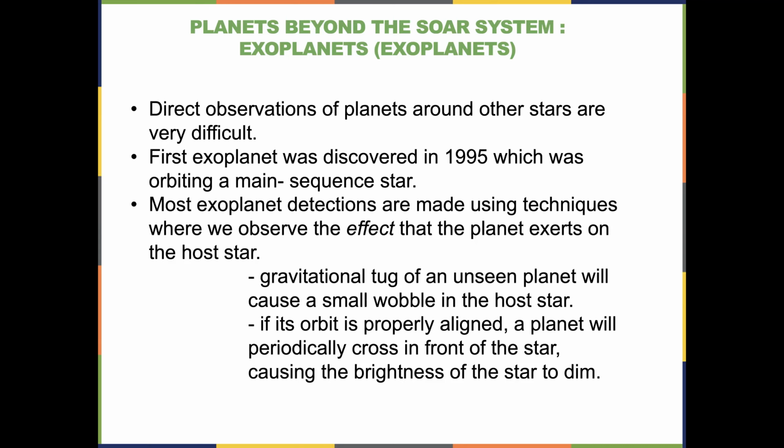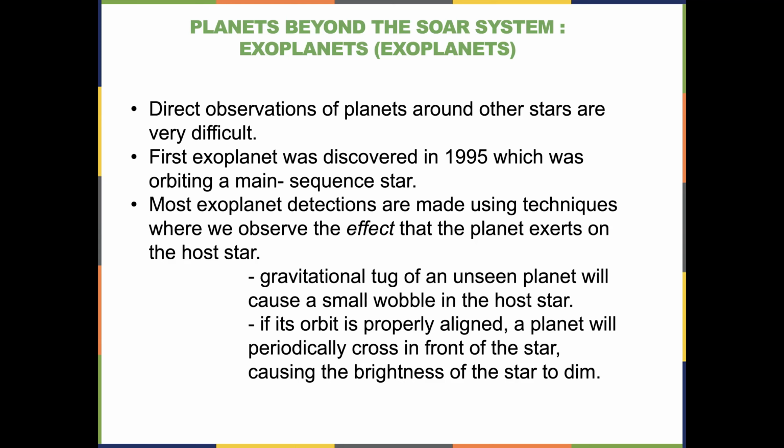When you have a star going around another star, there will be a loss of brightness, right? The same thing will happen here. If you have a star and a planet going around it, when the planet goes in front of the star, there will be a dimming, or loss of brightness, from the star when you look at it from here, right?